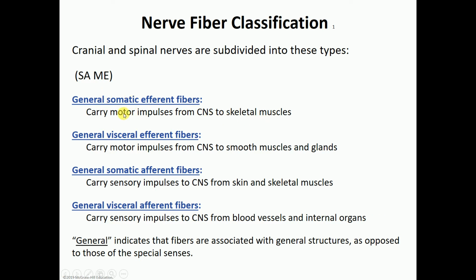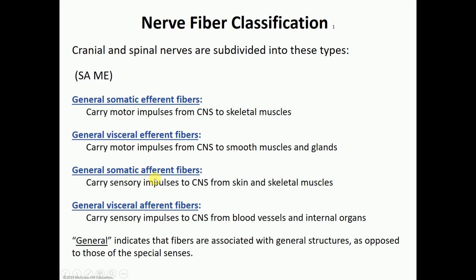Somatic, remember, means sending impulses to things that you have voluntary control over. General visceral efferent: these motor fibers carry impulses from your CNS to smooth muscles and glands, because these are visceral parts, things that you have no voluntary control over.